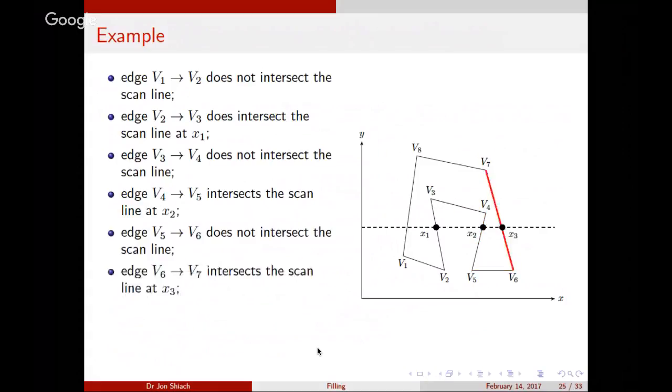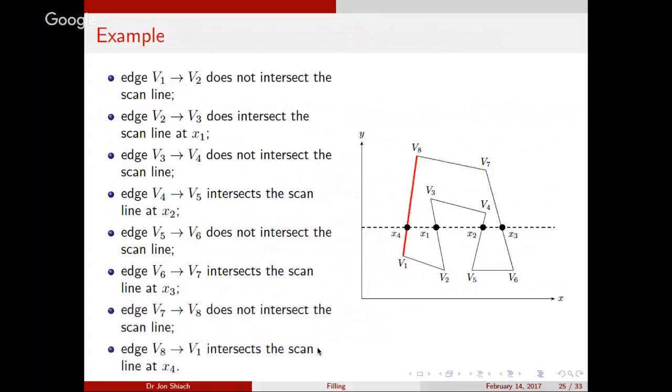V6 to V7 crosses, so I call that x3. And then if I go all the way around, V8 to V1 gives another scan extremer. So here we've got 4: x1, x2, x3, and x4.